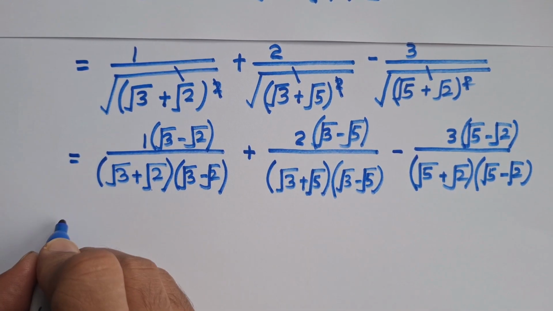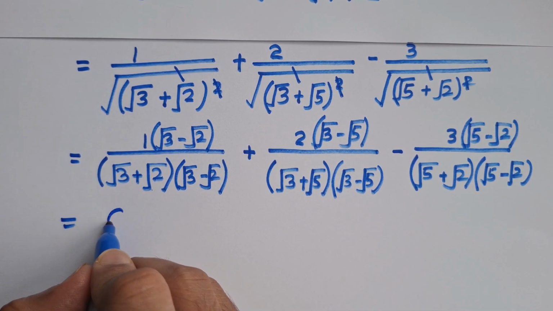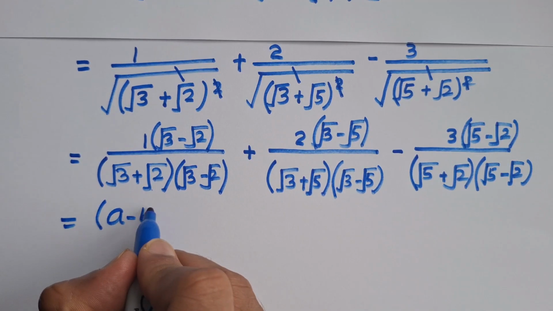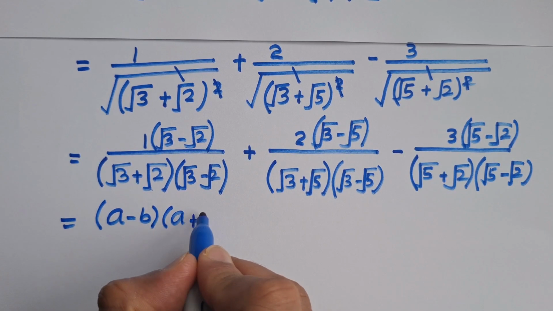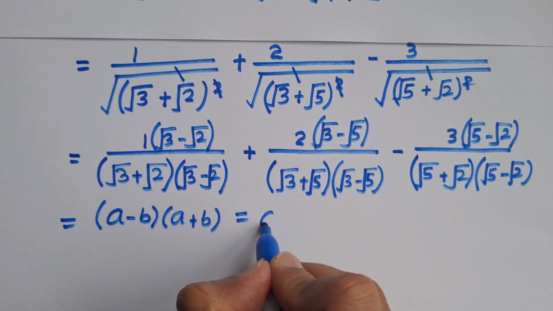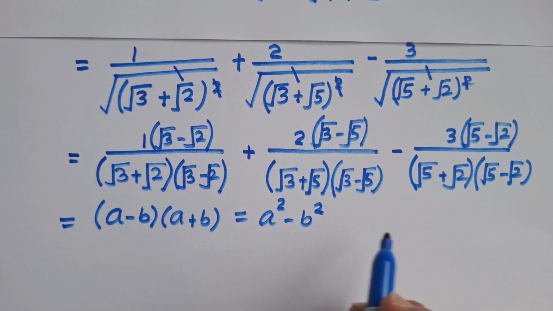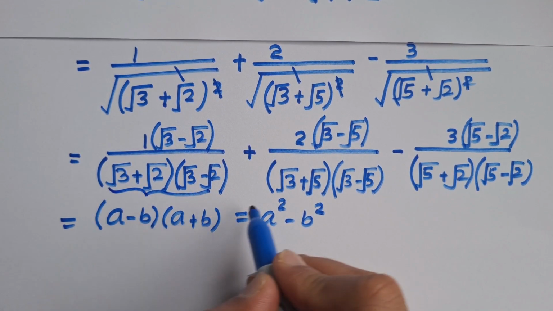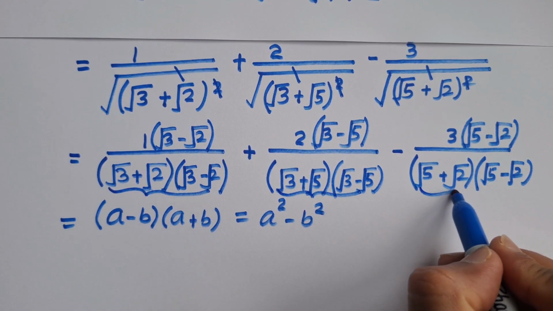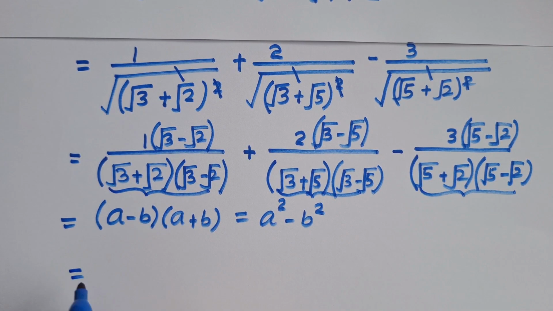Now we know that for any real numbers a and b, a minus b times a plus b is equal to a square minus b square. So here we have the same pattern, here we have the same pattern, here we have the same pattern.